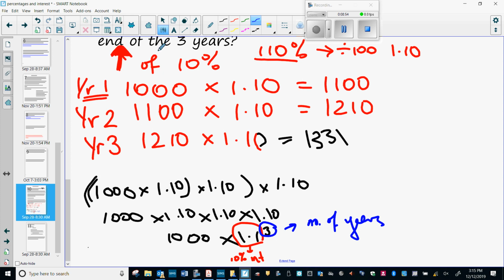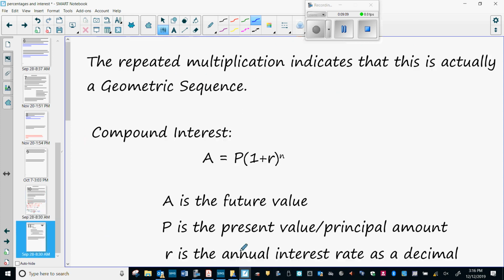Now, I like to go through this step-by-step method because hopefully it might help remind you and explain where we get our formula from, because there is a special formula that sometimes people forget. So if we go to the next page, this is our formula. Now that's a geometric sequence, it's neither here nor there, don't worry too much about that.